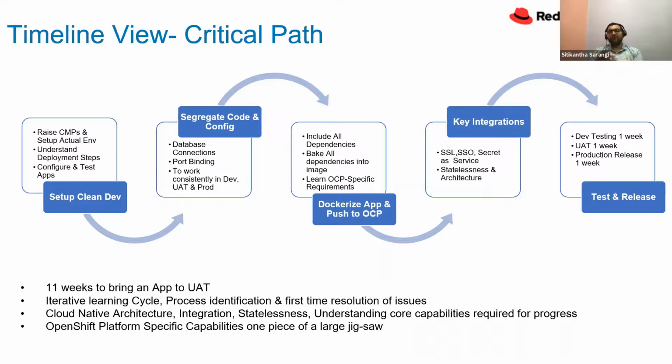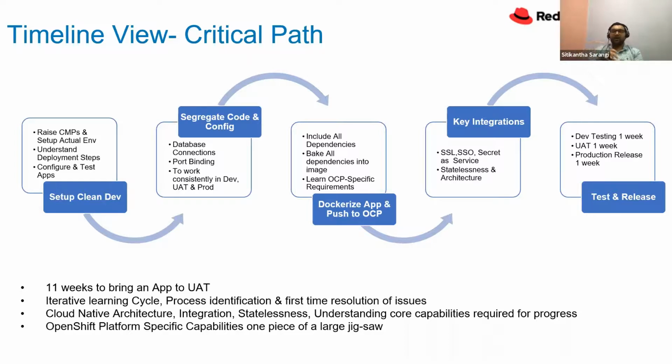Obviously after dev, we need to onboard it to UAT and then production. When you're running into production, there are lots of things involved, like UAT testing happens, and the feedback from there will come. If it needs some more modifications, some more adjustments at the code level, then we have to do it, then again go through the dev UAT process. Then finally, if the UAT testing is successful, we onboard it to production, right?